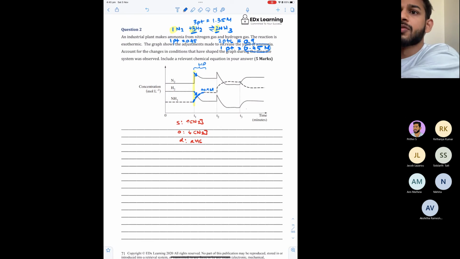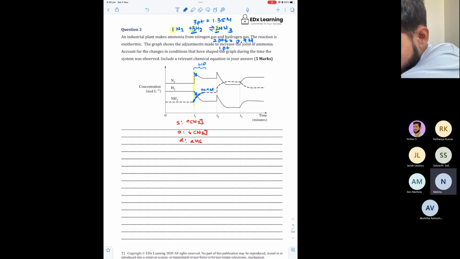Nikita, what number is in front of ammonia in our stoichiometric ratio? 2. 2, right? So I know a change of 2 parts is represented by 0.9 moles per liter. So how much would a change by 1 part be represented by? 0.45 moles. Exactly. So I know a change of 1 part is 0.45 moles.